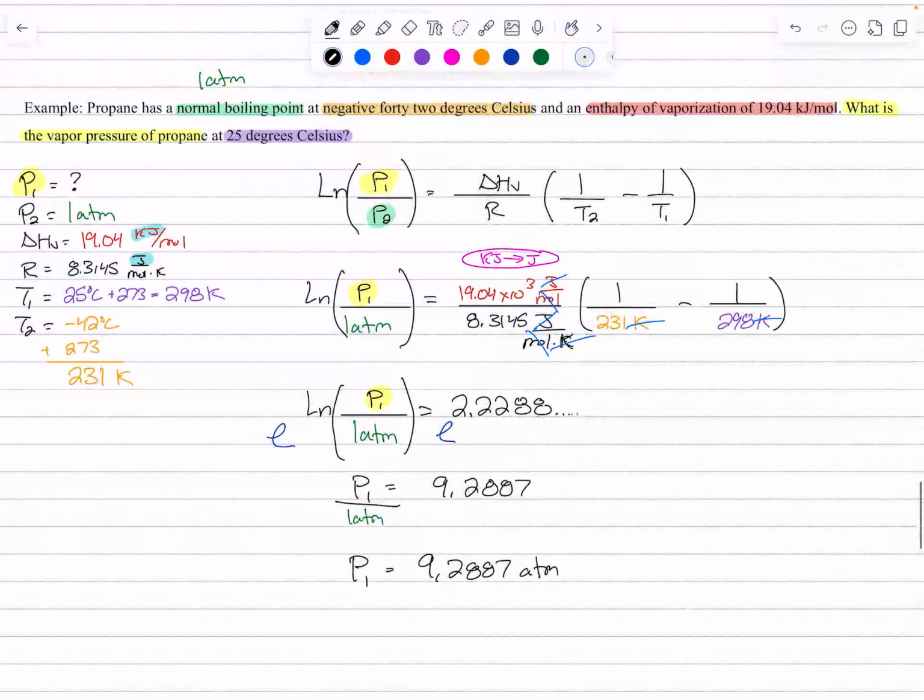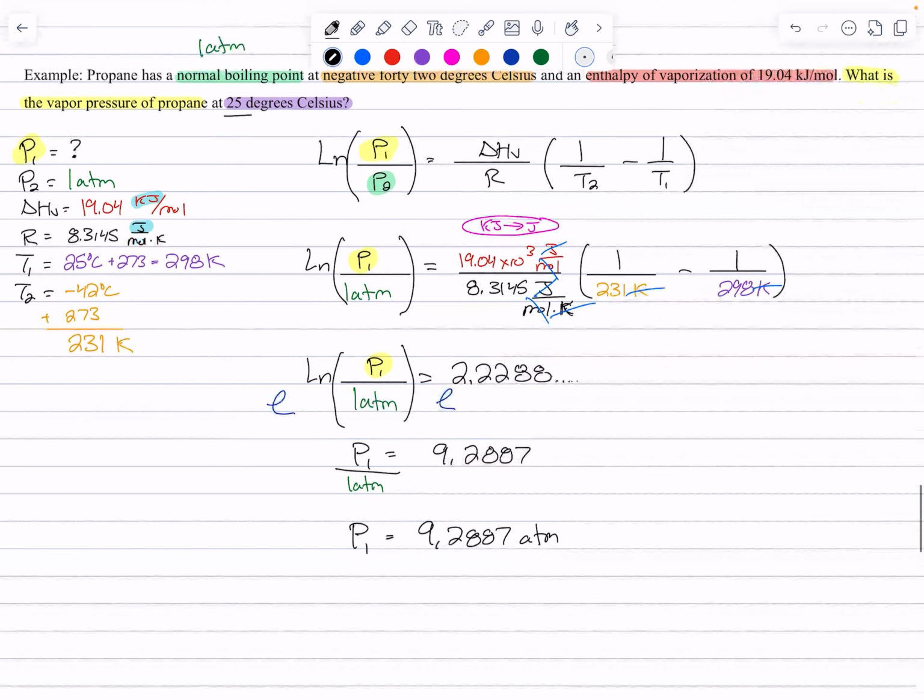Going back, I have 2 sig figs, so that's 9.3 atmospheres, and that would be my answer.